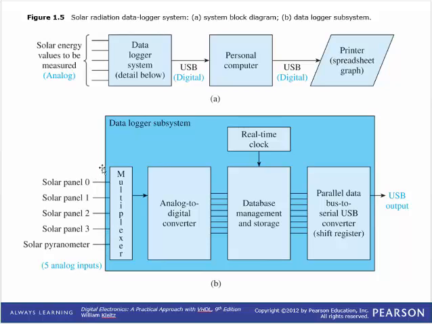It gets this voltage, this voltage, this voltage, and each time it converts each analog signal to a digital value, and it goes into the computer. This process of sampling first this one, this one, this one, is called multiplexing because you're sampling each voltage one at a time. So it's time multiplexing.